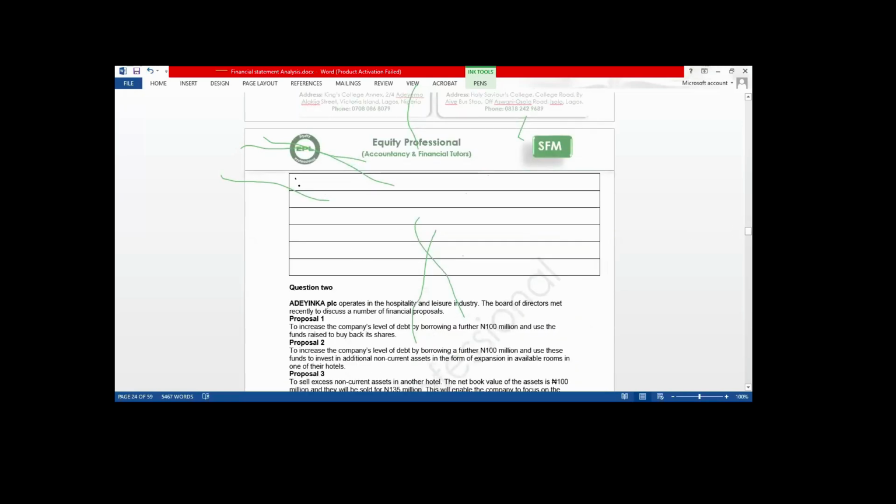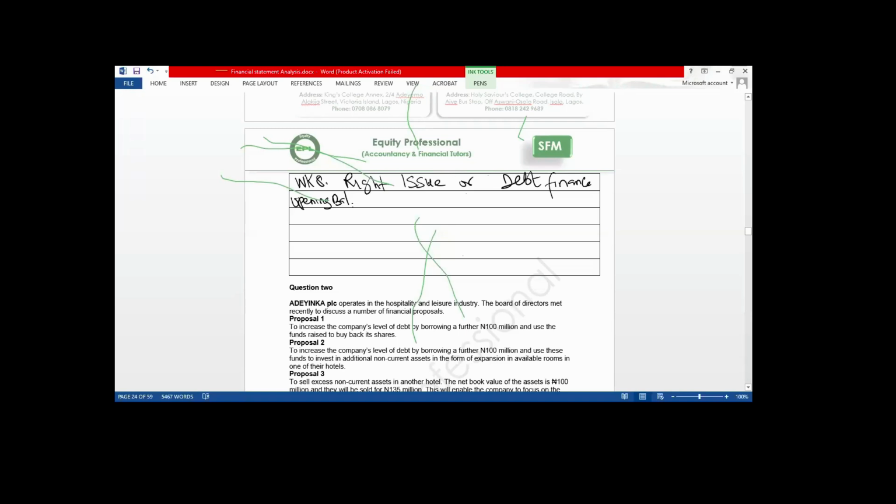We come here, working 8. Rights issue or debt finance. I want to calculate reserve. You are going to start with your opening balance, whether rights issue or debt finance.